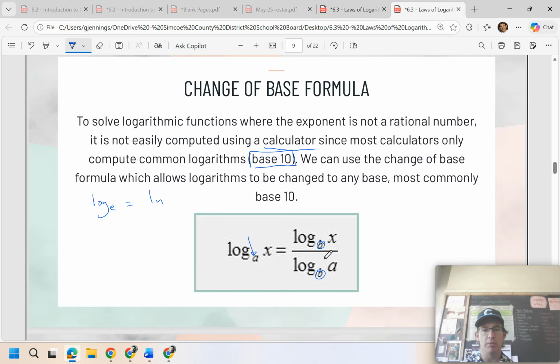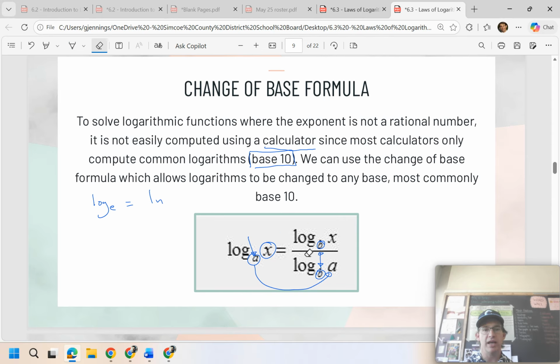It's just this common base that we have between these two logarithms. You have the argument of the logarithm, you take the logarithm of that, and then you take the logarithm of the base. And that allows you to change bases and evaluate things with a calculator.